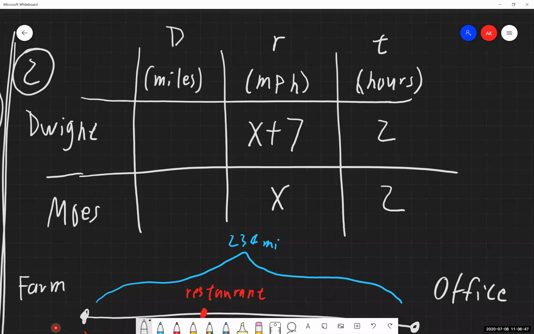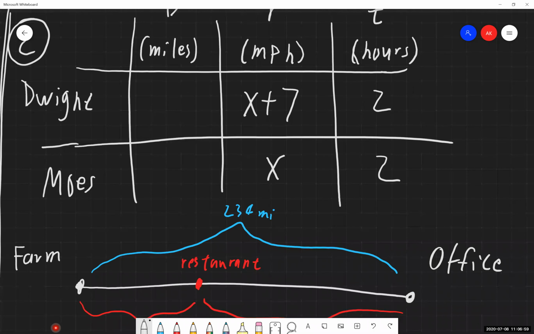So from here, we've got that. We don't necessarily know the distance that they traveled, and we know that they're going to have two completely different distances. So we have another unknown showing up. We have some distance that Dwight traveled, which I'm going to label as d sub 1, just a little subscript for our first distance.